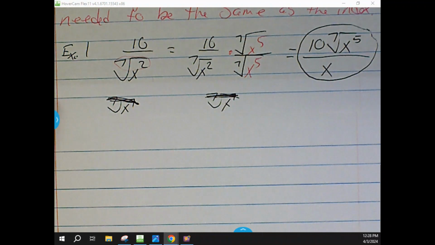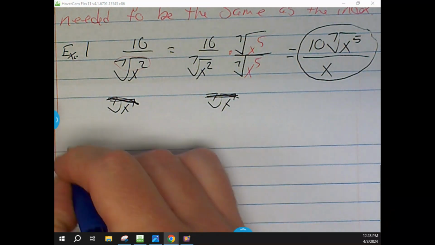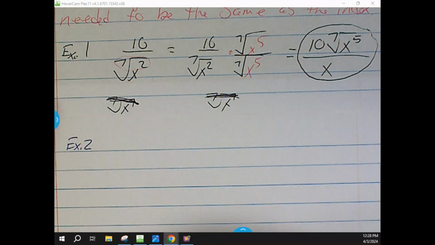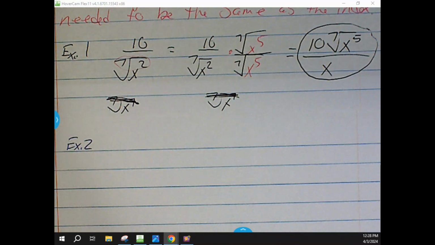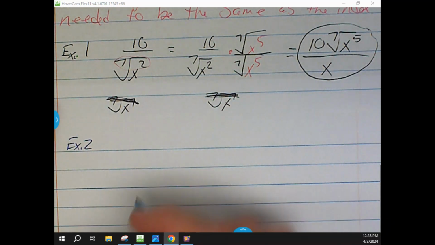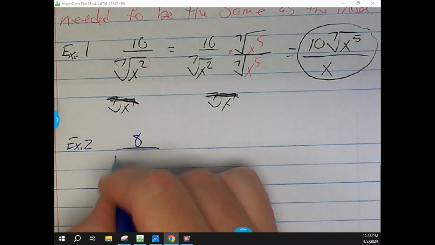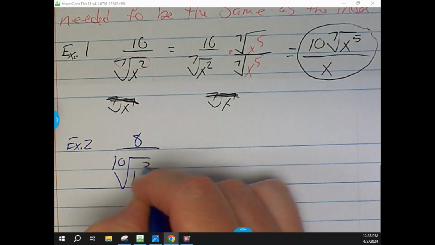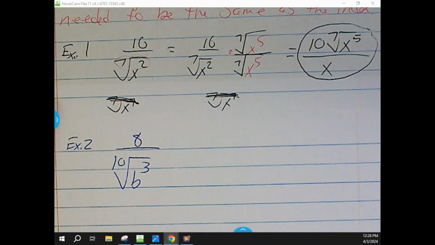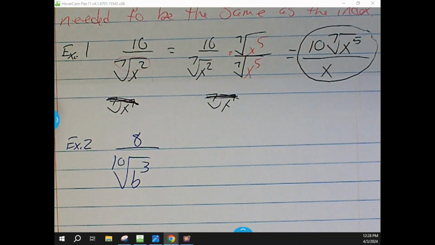All right, one more just to make sure we got it, and then we'll wrap this thing up. Okay, so we're going to do the 8 over the 10th root of b to the third.